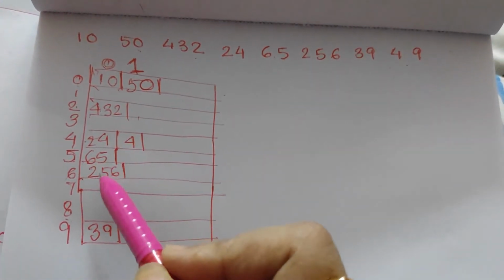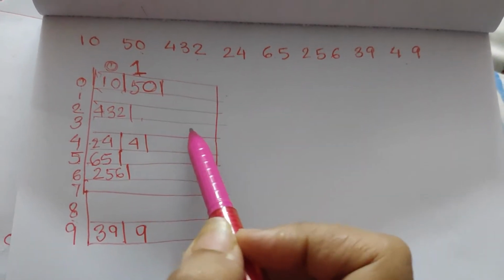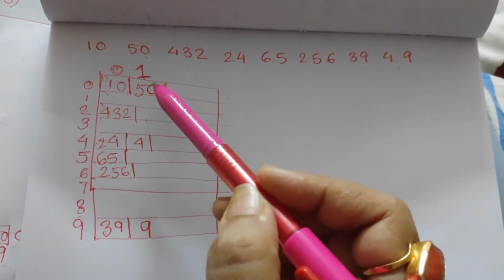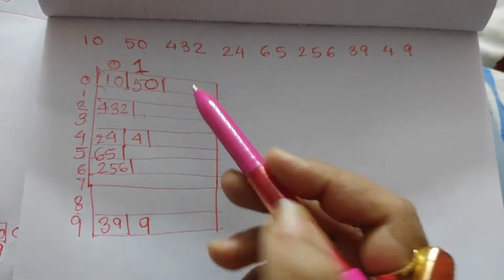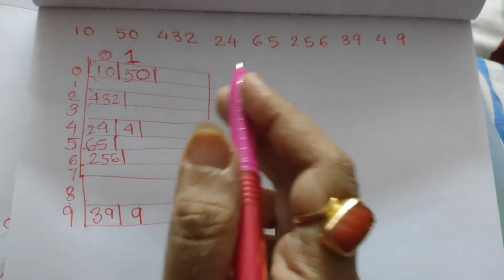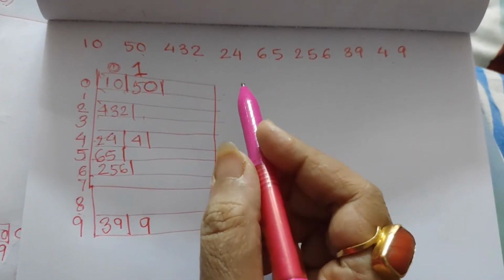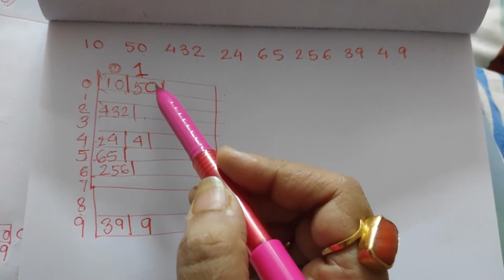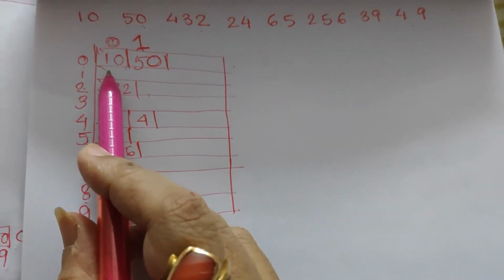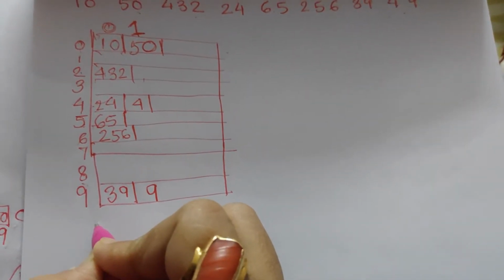So once the numbers have been categorized according to the unit place digit, these numbers are again put back into the array. Again I will repeat, once the numbers have been categorized based on their unit digit, they are again put back into the array. And now how do you put them back into the array? They are put back into the array in order. That means we will start from the 0th row and we will start putting those back in the array.